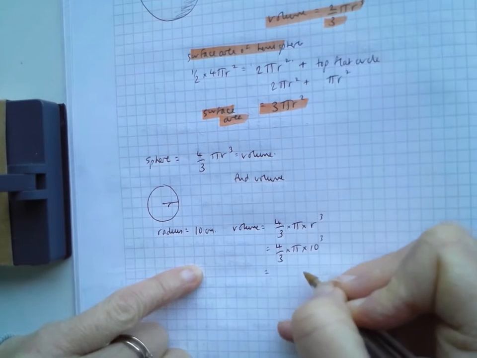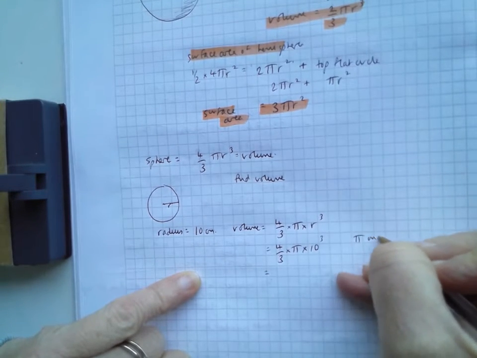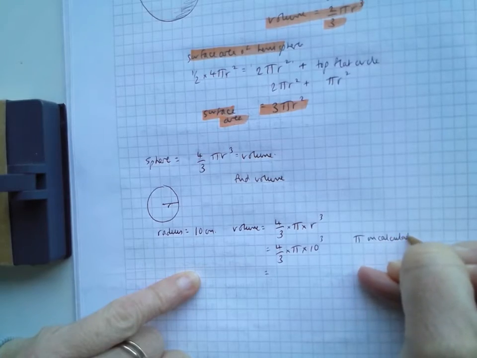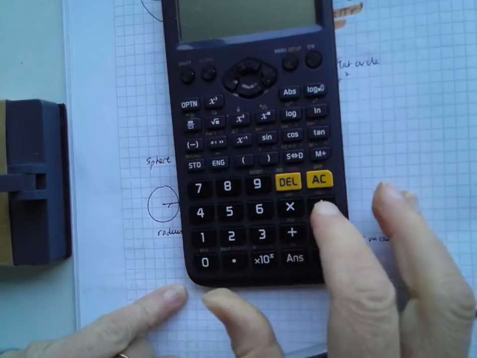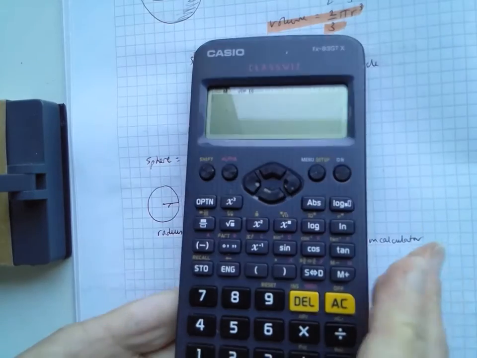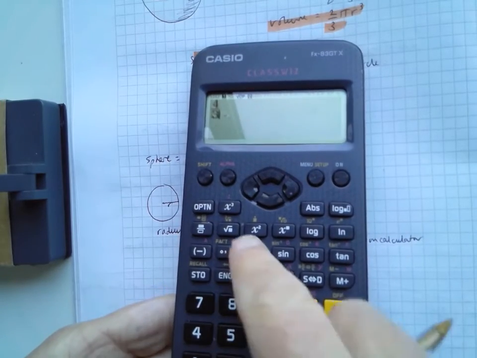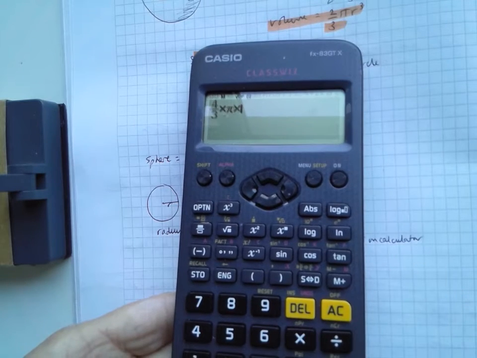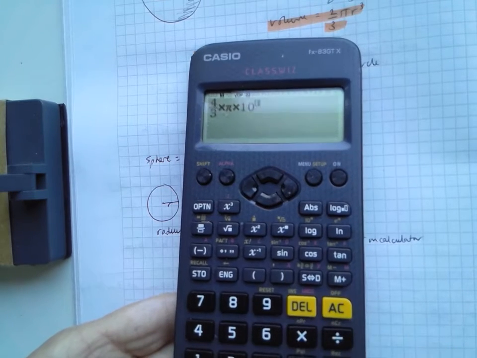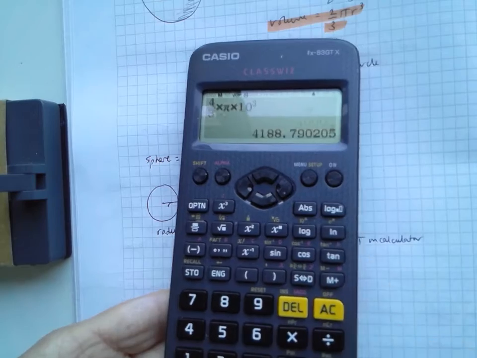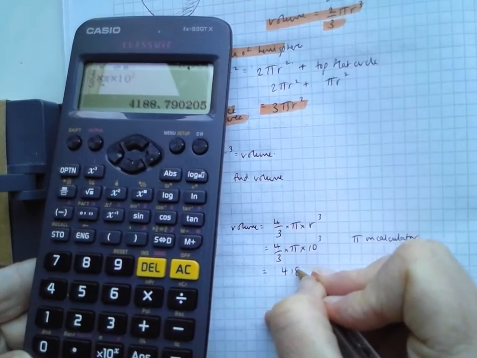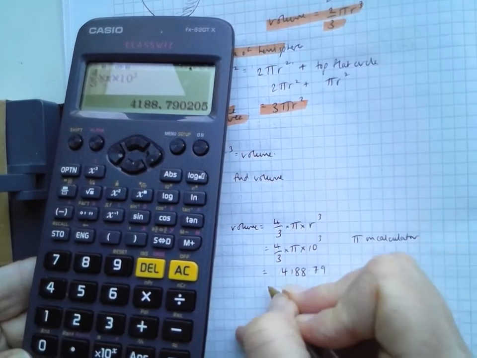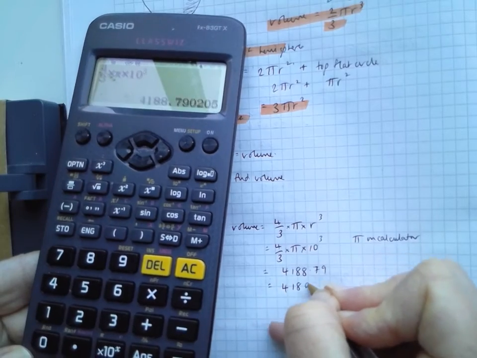And if I use the pi button on my calculator, then I'll just work it through. So using my fractions button, I've got 4 over 3 by pi by 10 cubed, which is 4188.79. So let's say 4189 centimeters cubed.